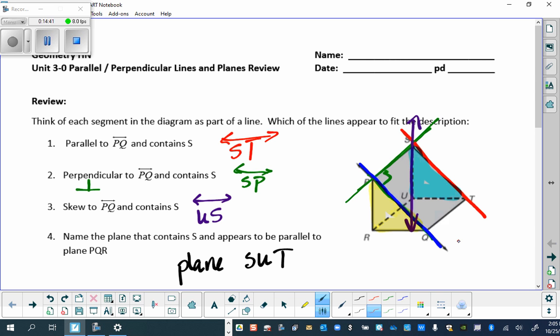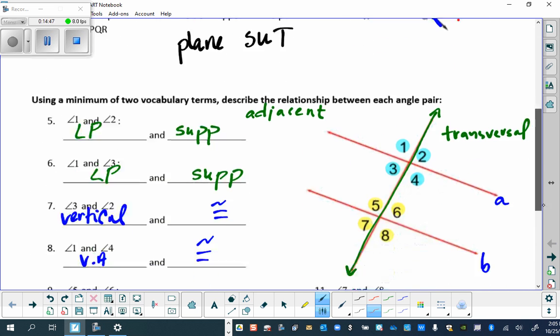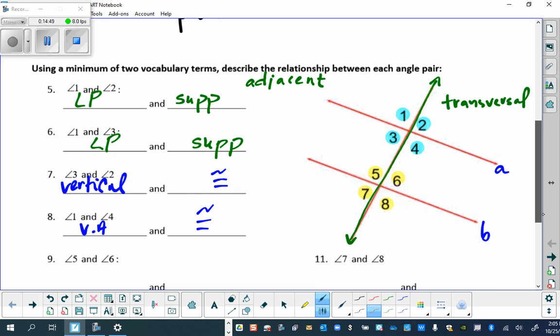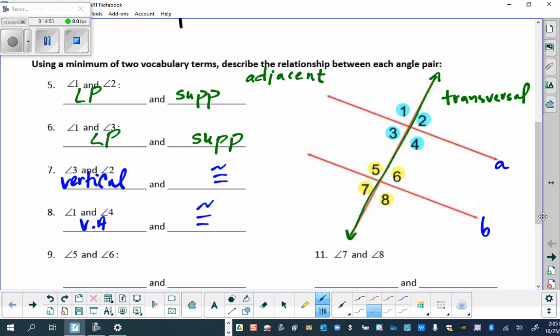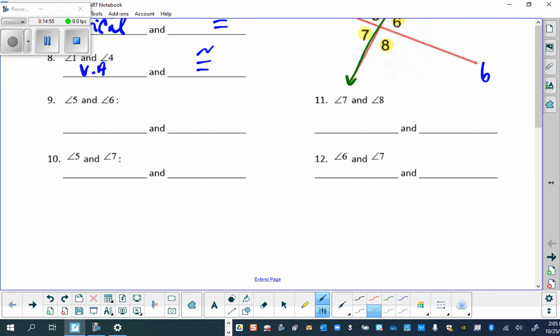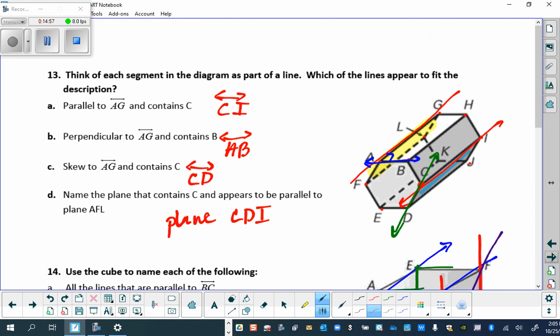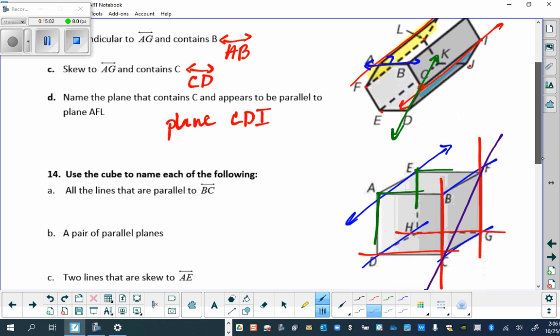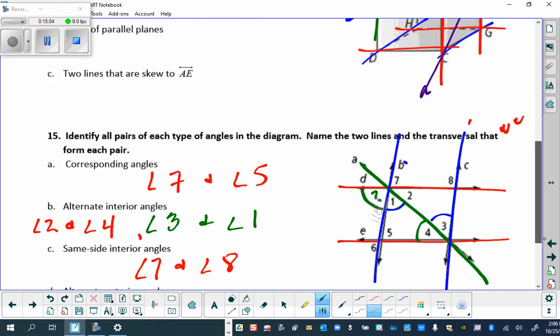Are you ready? We started off with these conversations about parallel, perpendicular, skew. We talked about angle relationships, vertical and supplementary. We practiced more parallel planes, perpendicular lines, and skew lines.